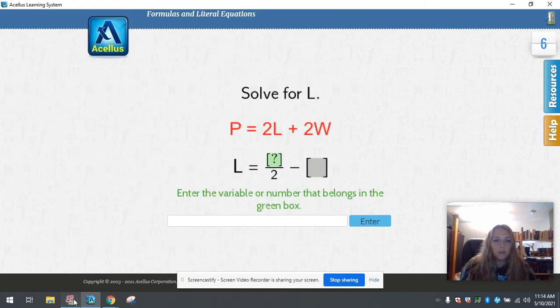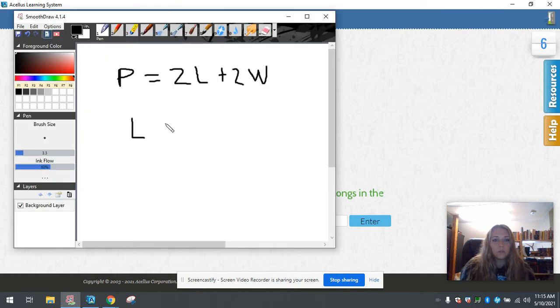Okay, L equals something over 2 minus something. Okay, so if we were trying to get L out of here, we would subtract the 2W from both sides. We're trying to get L by itself.